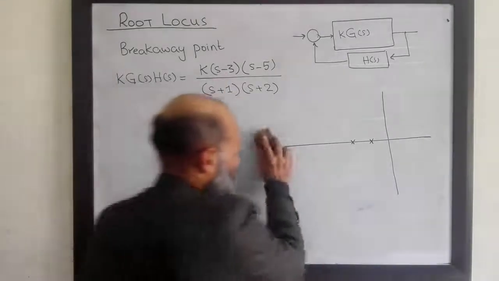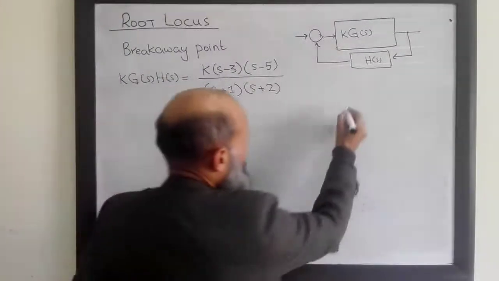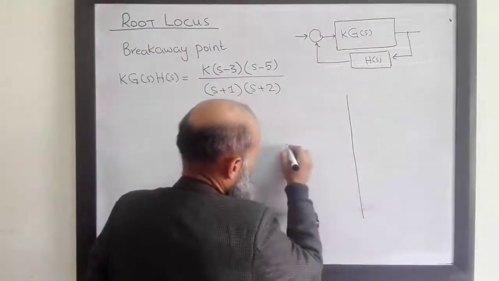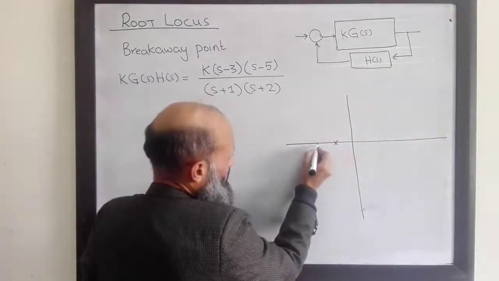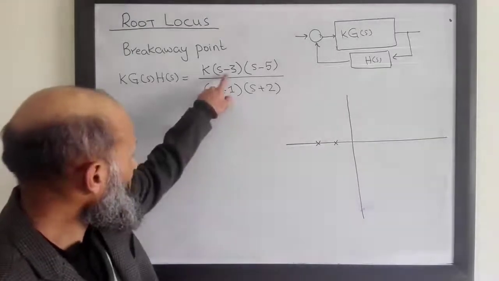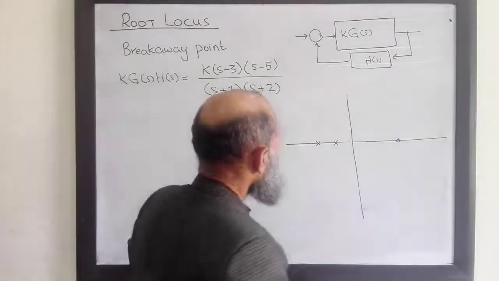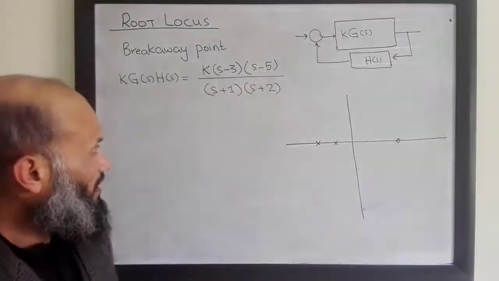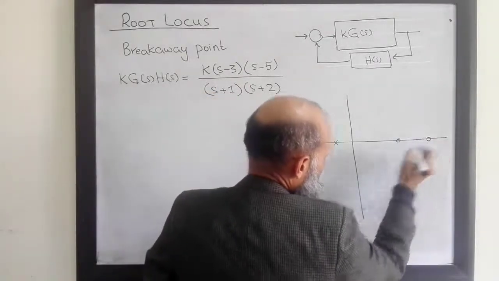So let's move it a little bit towards left. One pole at s equal to minus 1, another pole at s equal to minus 2. There is a 0 at s equal to plus 3, and another 0 at s equal to plus 5, so 4 and 5.